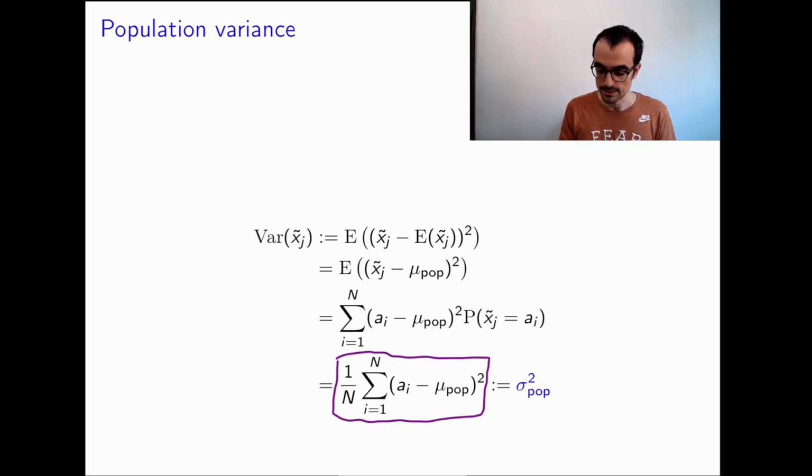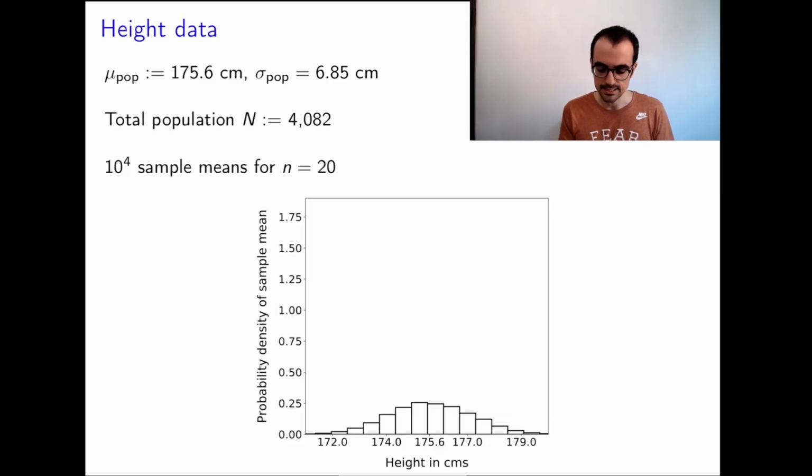We're going to call this parameter sigma squared population. This is the population variance. In our data set, it's equal to the square of 6.85 centimeters. Remember that when we're dealing with variances, we often take a square root to convert them to standard deviations so that they're in the same units of interest.